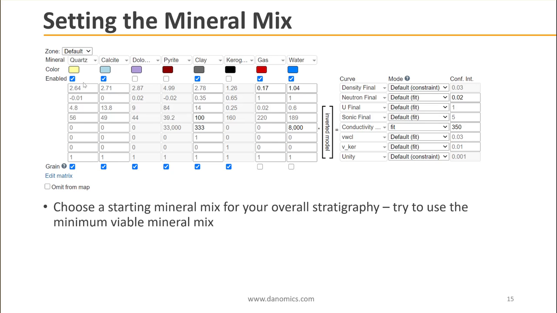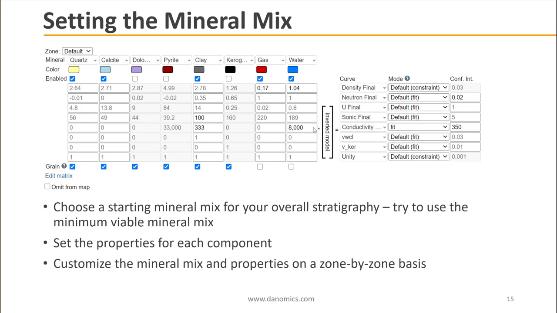So if I'm looking at a sandstone, for example, I might choose quartz, calcite, clay, and then my hydrocarbon and water phases. If I know there's no kerogen, I know there's no pyrite, I'm not going to add those because that'll just put me in a more underdetermined state. We can set the properties for each component as part of this as well.